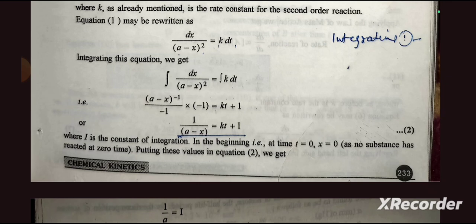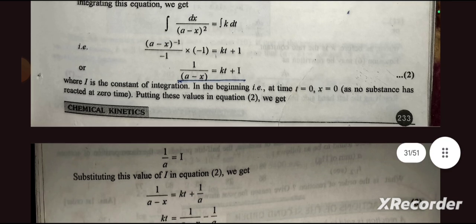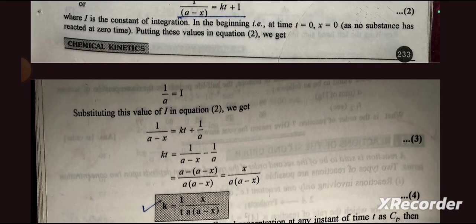Equation 1 may be rewritten as dx/(a − x)² = k dt. Integrating this equation, we get 1/(a − x) = kt + I, where I is the constant of integration. In the beginning, that is at time t = 0, x = 0, as no substance has reacted at zero time.